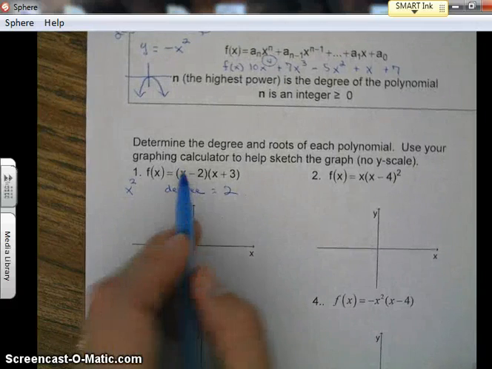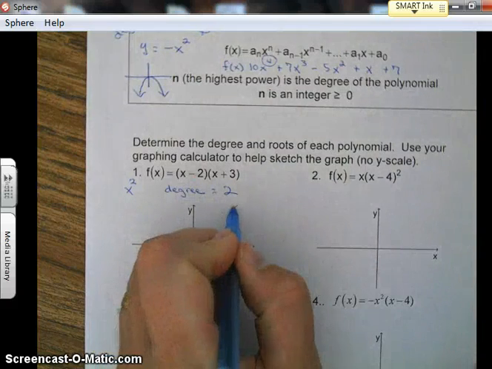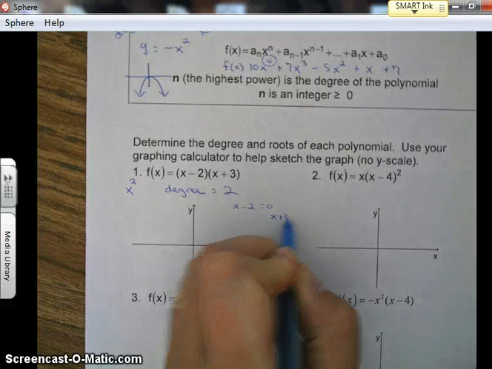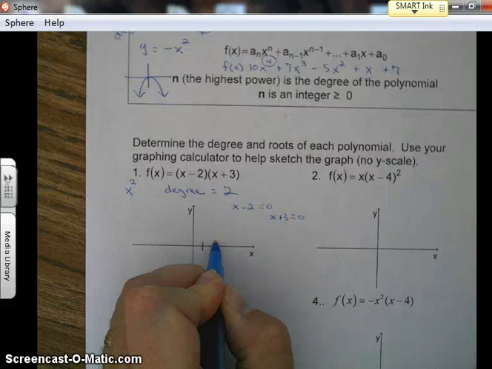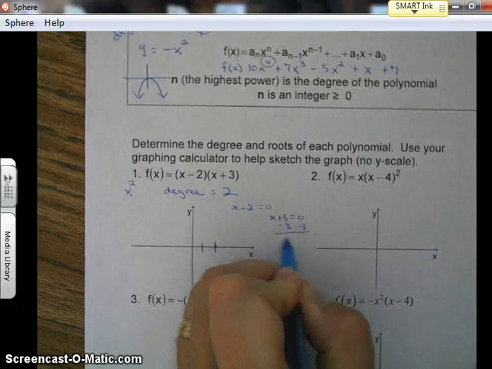So since it's quadratic, I'm going to go ahead and find the roots, not with my calculator. I'm just going to set each factor equal to 0. So I'm going to have a root at 2 and a root at -3.